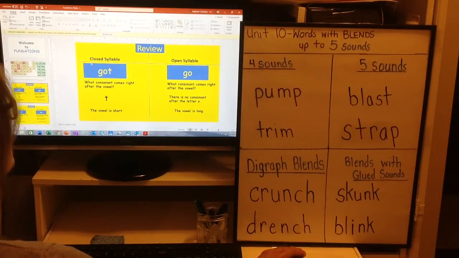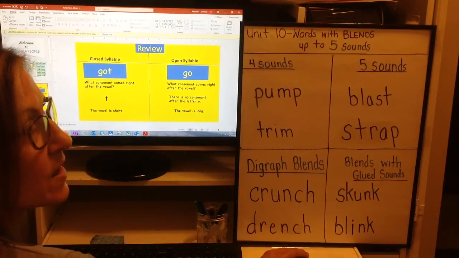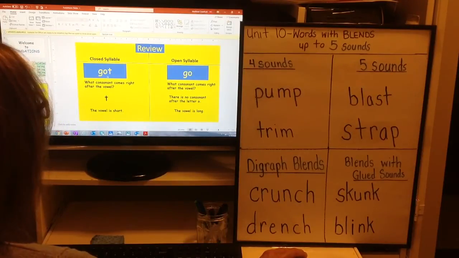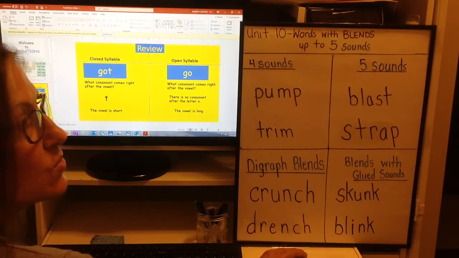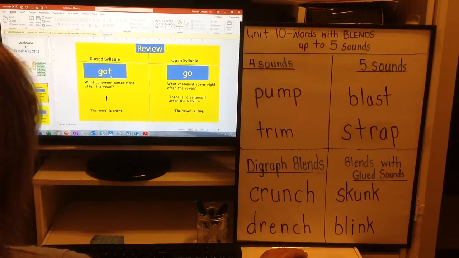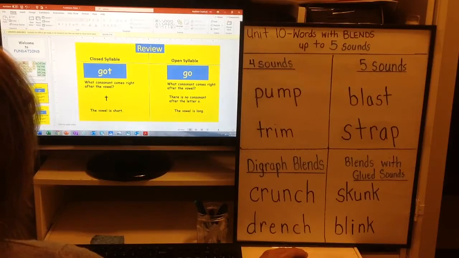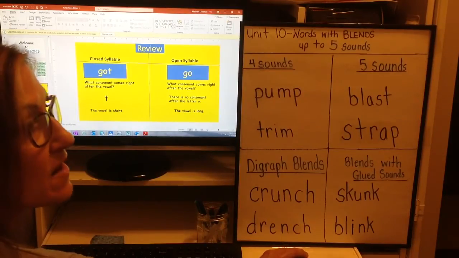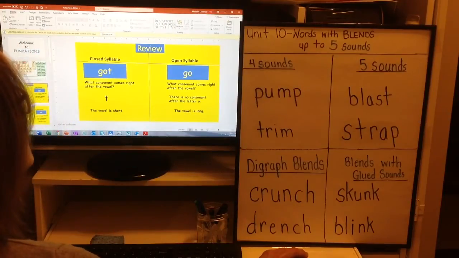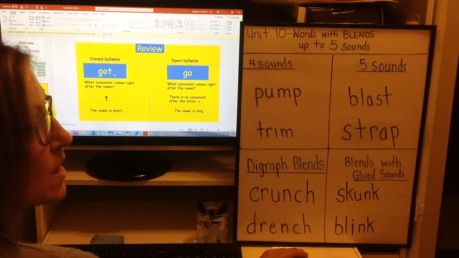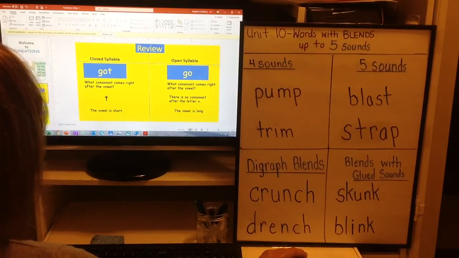So remember, boys and girls, a closed syllable is a one-syllable word, okay, or one syllable that has a consonant that comes right after a vowel. And it could be more than one consonant, but it has to be following the vowel, and then the vowel makes a short sound, such as ah, okay?